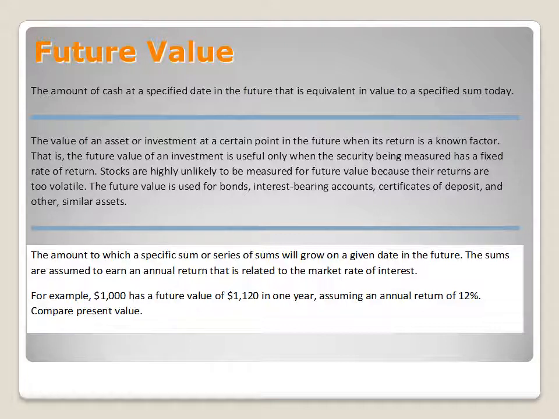You see the factor of 1.12. Multiply that by your sum, which is 1,000, and it gives you your future value of 1,120. Once you compare that to your present value, assuming that 12% represented a 12% cost of capital, I want you to just see what the difference would be.